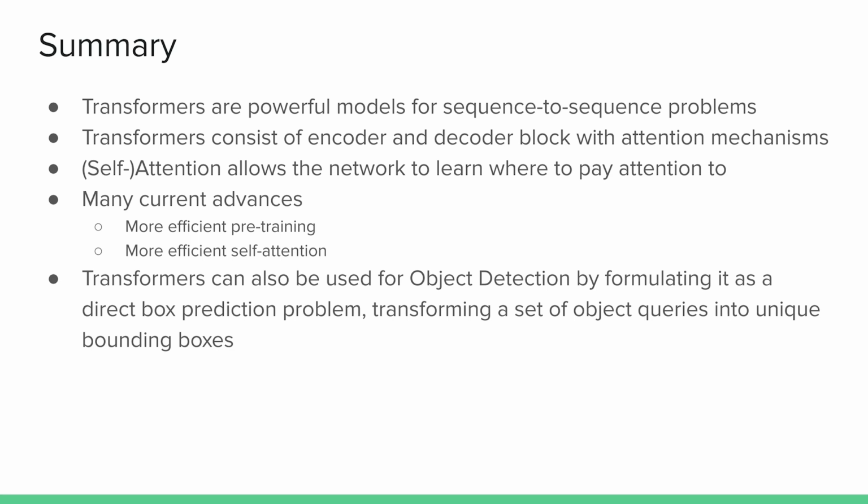That was the idea of not having an output sequence, but object queries that learn where to look in our input image, into unique object boxes, these bounding boxes, with the Hungarian algorithm of this bipartite matching loss, trying to find a unique assignment between sets of boxes.